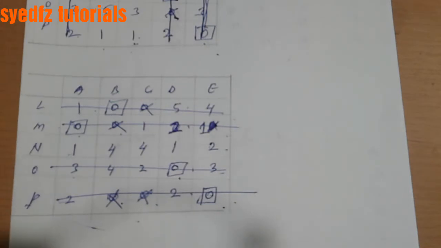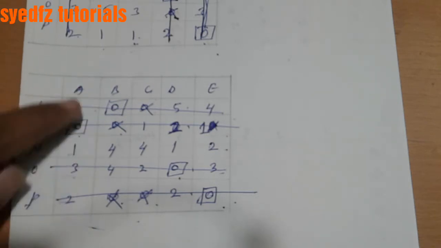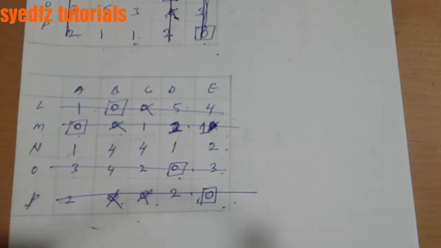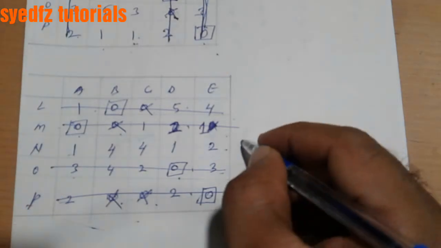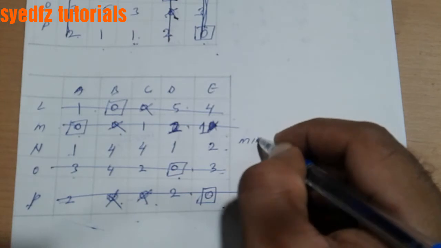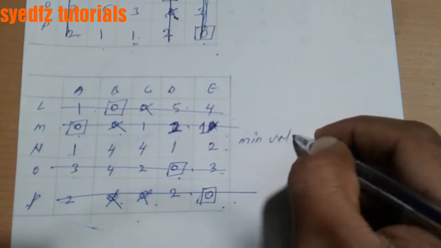Okay, this one also we can make, otherwise this one also for the purpose of intersection point. Otherwise you can also do the same thing, no problem, because what is the minimum value now? 1. Minimum value is 1.